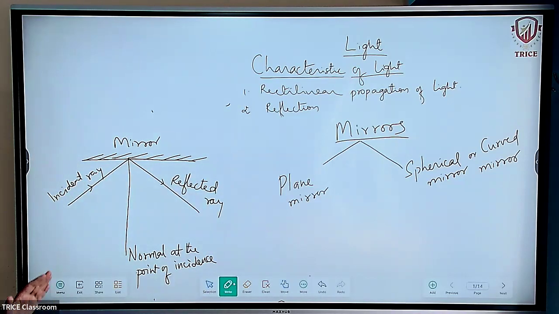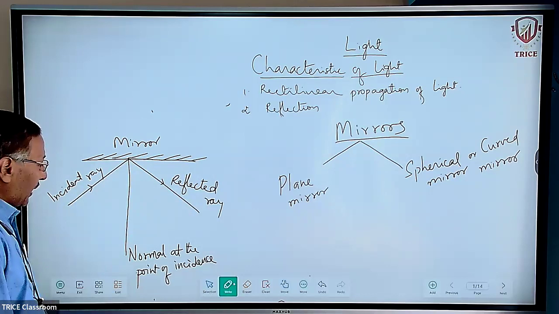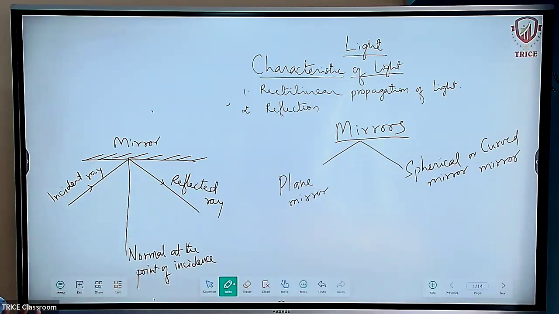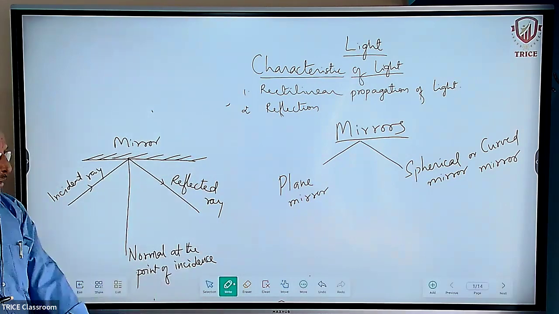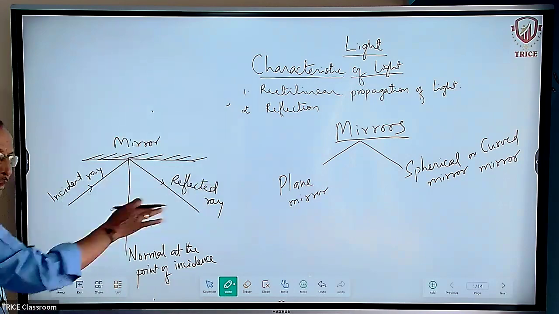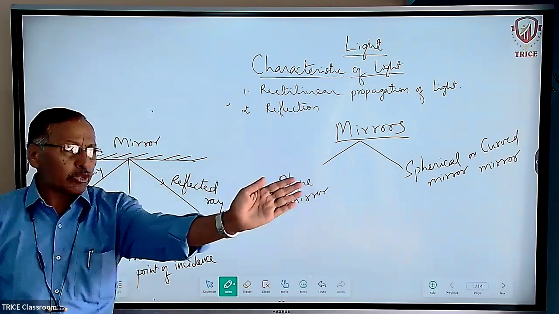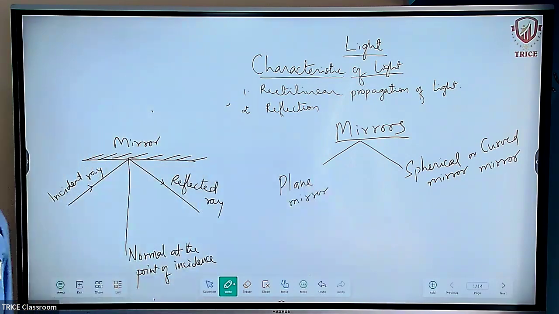This is the incident ray, this is the reflected ray, and this is the normal at the point of incidence. Now, all of them are lying in the same plane. This is the reflecting surface, and when a light ray falls on this surface, it gets reflected back. So, all are in the same plane.